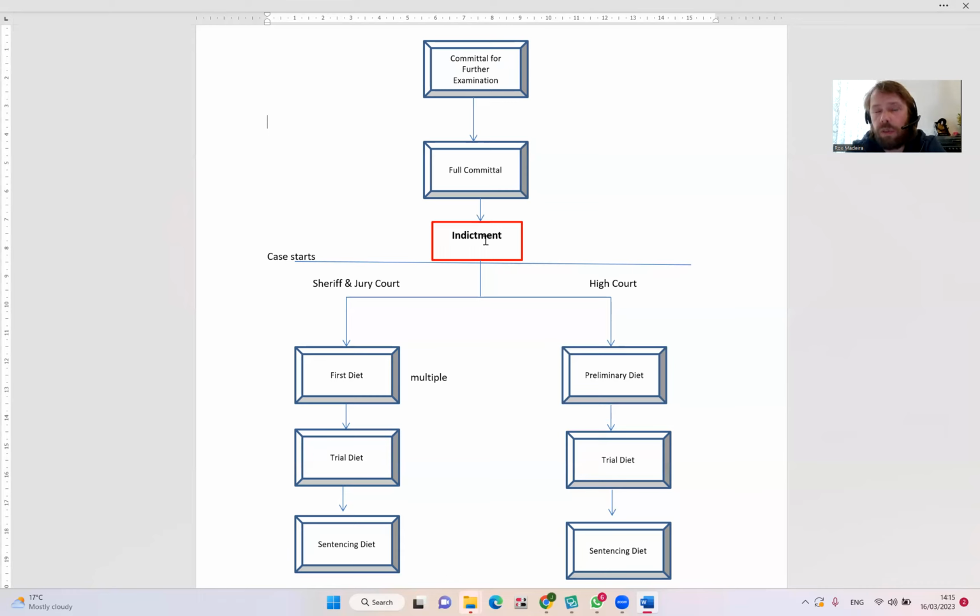So they would be looking, obviously, at the definition of the crimes in the eyes of the law, the evidence available, any further inquiries that might be required to establish what we're actually dealing with here, and then to decide what the person is actually going to be indicted for.